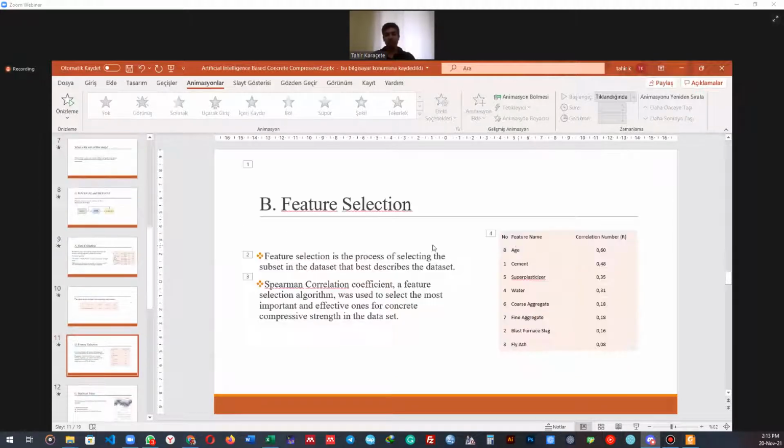Feature selection. Feature selection is the process of selecting the subset in the dataset that best describes the dataset, and we use the Spearman correlation coefficient. You can see here the three most effective parameters are age, cement, and superplasticizer. And the most ineffective material is fly ash.